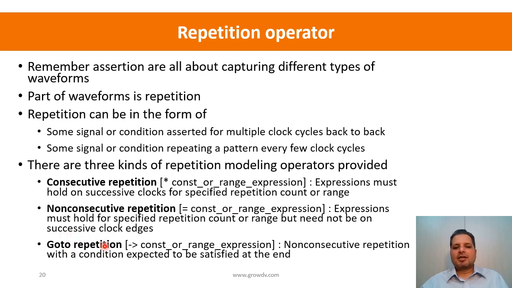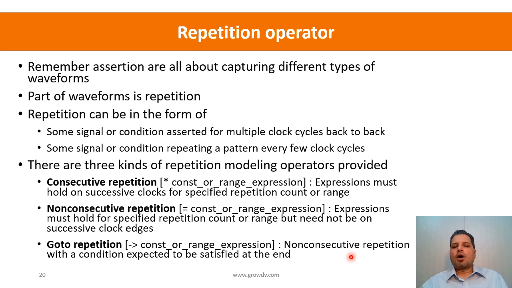And the third one is slightly tricky to understand. When we look at an example, it will become more clear. It's a go-to repetition, and what it means is a go-to repetition followed by a particular expression. There is one more expression that follows, and it is a special form of non-consecutive repetition.